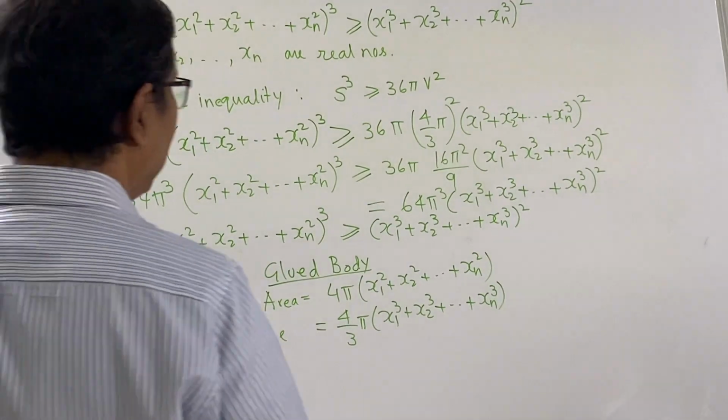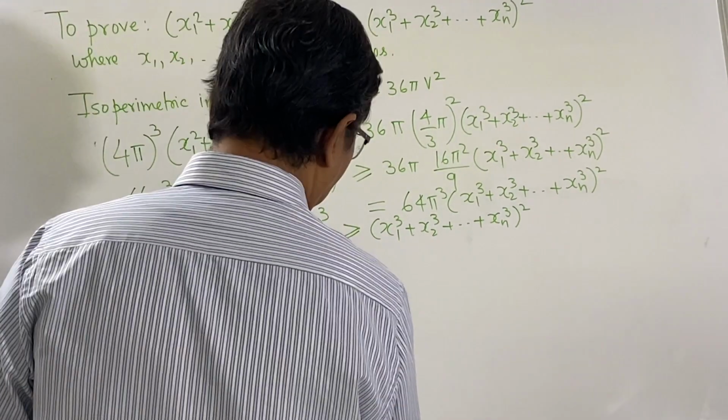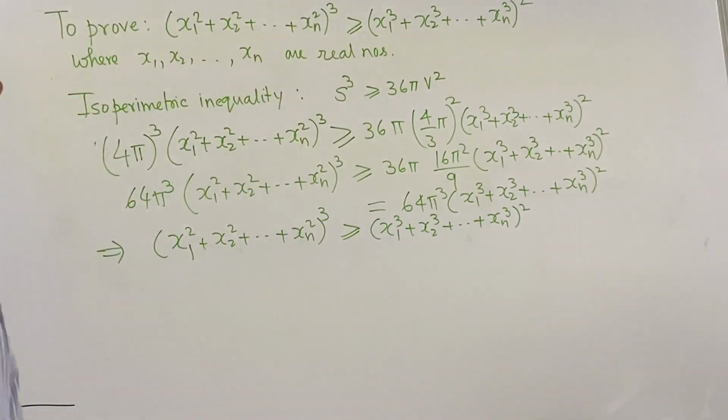So for positive real numbers x1, x2, ..., xn, we have been able to use the isoperimetric inequality to prove this algebraic inequality.